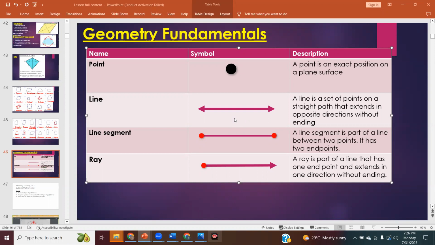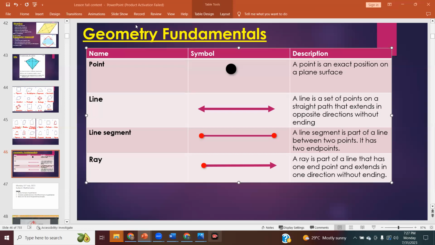Chai, what is a ray? A ray is a line that only has one end. Yes, that's correct. What is a line segment?